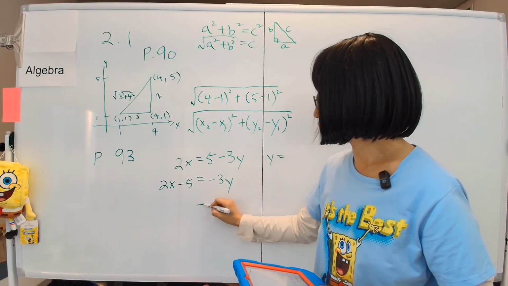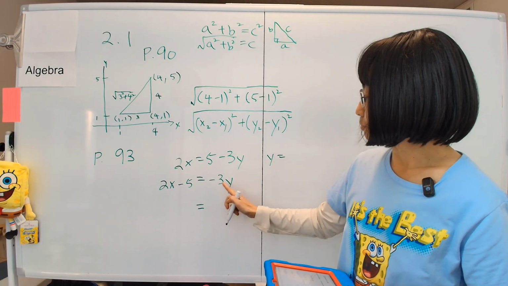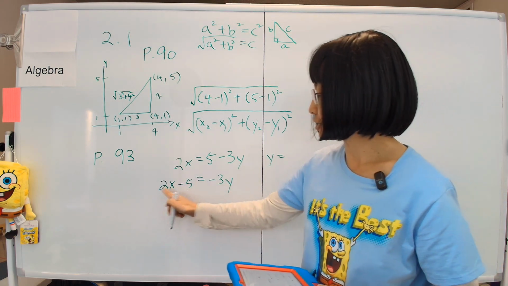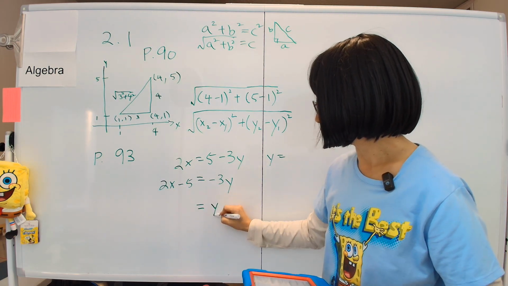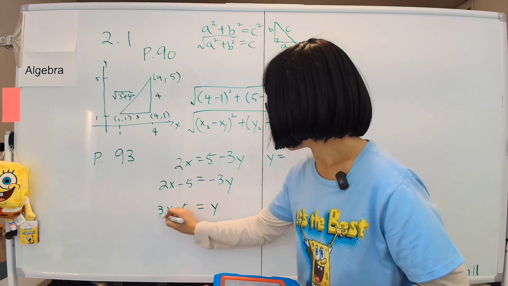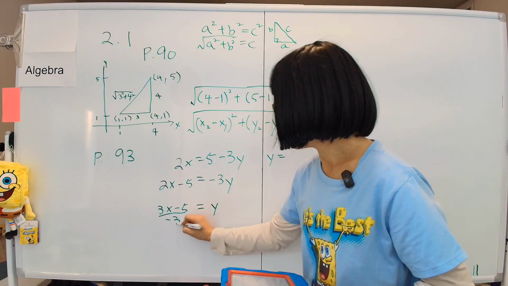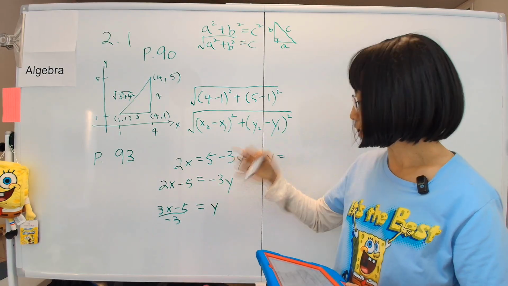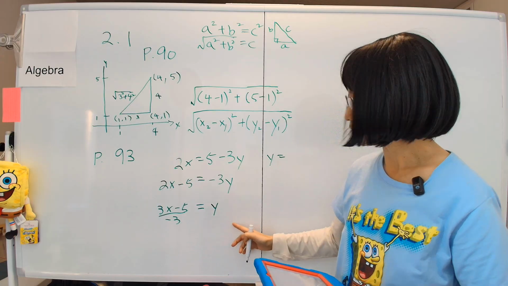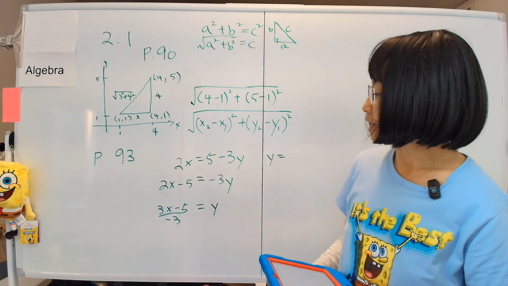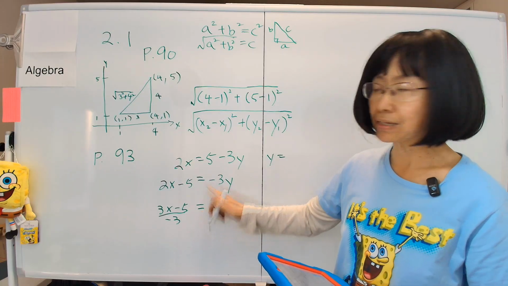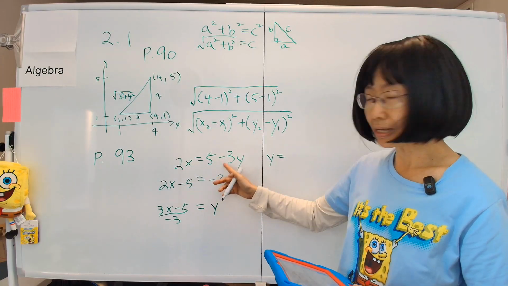The second step is, since there's a number in front of y, we're going to divide on both sides. So we write down the division: 2x minus 5, and that divided by minus 3. We divide both sides, and that is the equality rule, because an equation means that these two sides are the same, right?